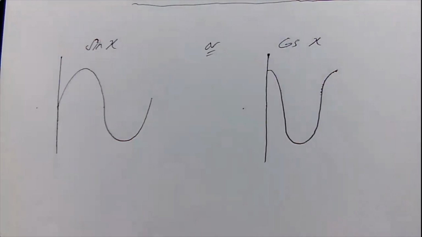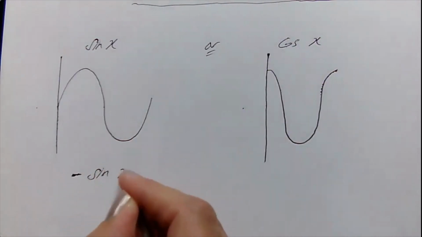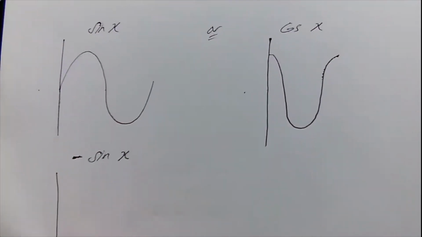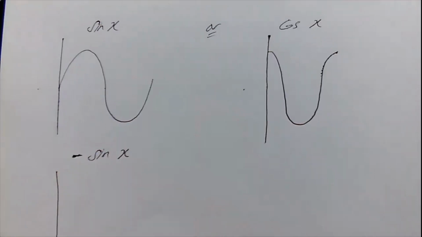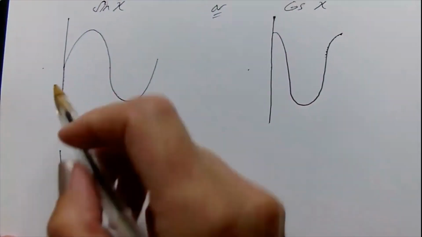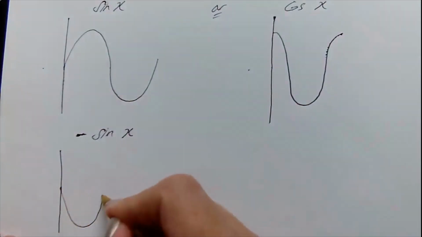The other thing I just want to highlight here is if you have a minus sign function, okay? It is just going to be a flipped version of this. A minus function, and we should know this from functions, is always a reflection in the x-axis. So instead of going up and then down, it will go down and then up.